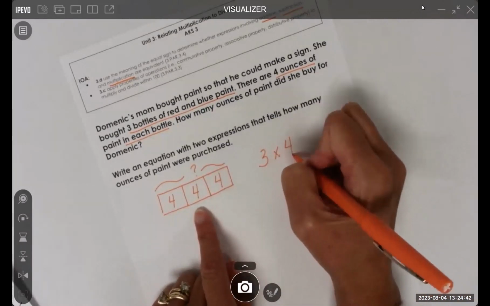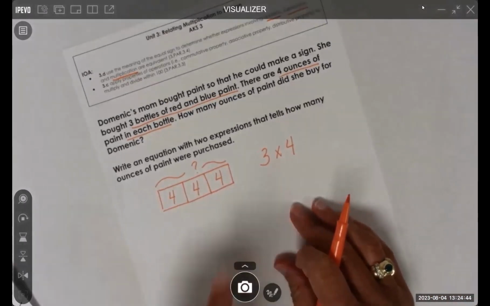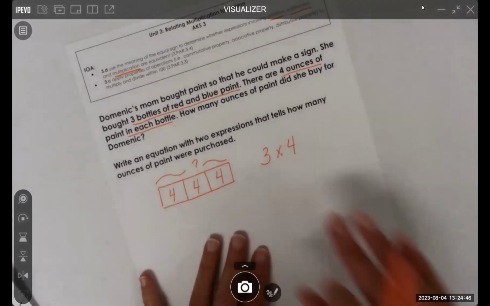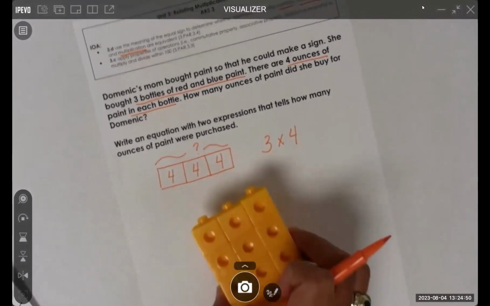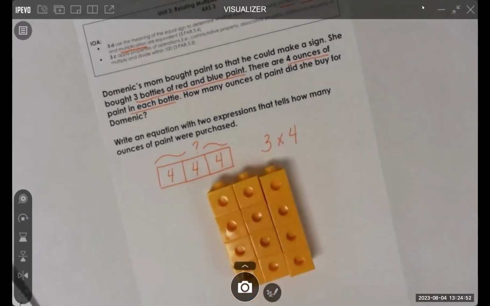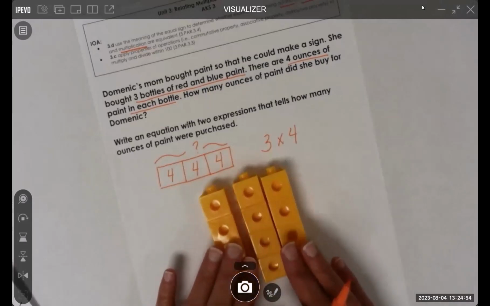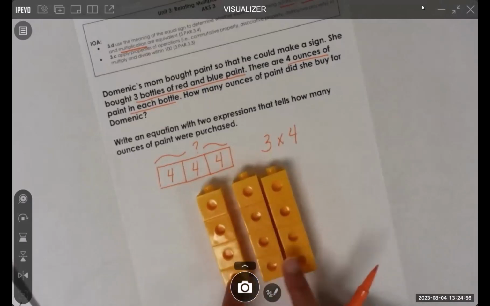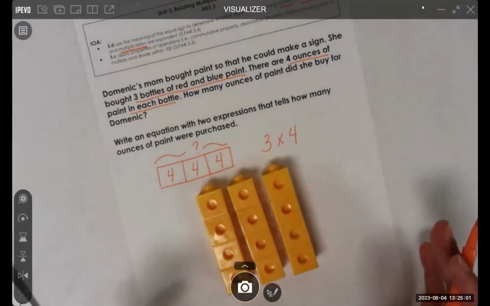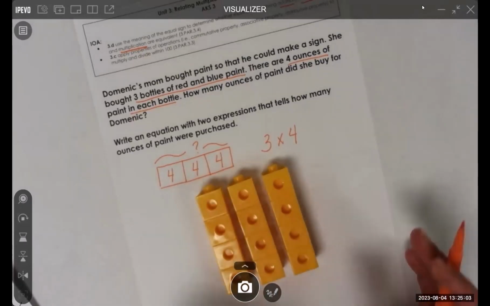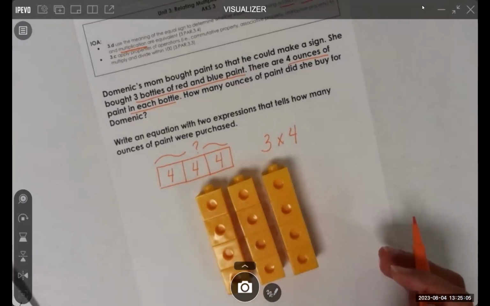of 4. I can clearly solve that using multiplication, and depending on where your students are with their learning with multiplication, some students may choose to build 3 groups of 4, or they may draw it and represent it by drawing their 3 equal groups and putting 4 in each.